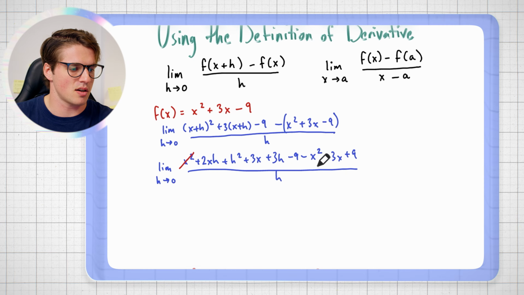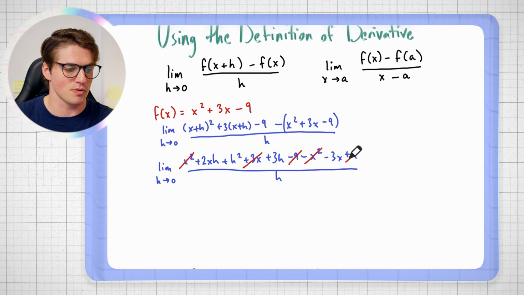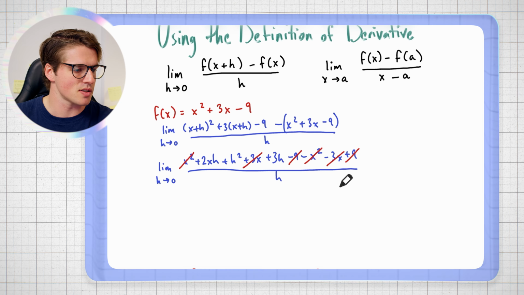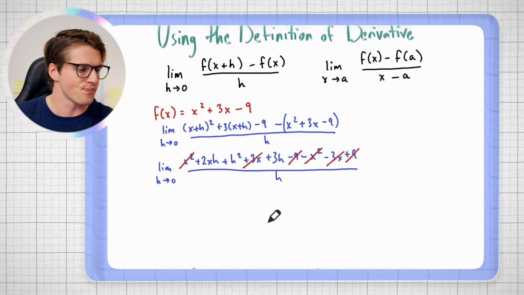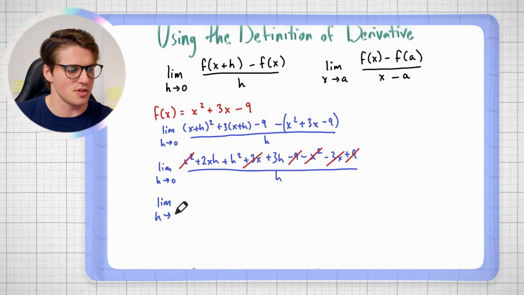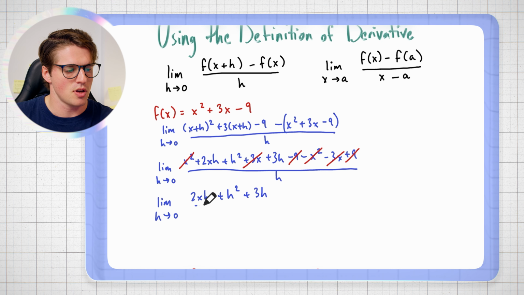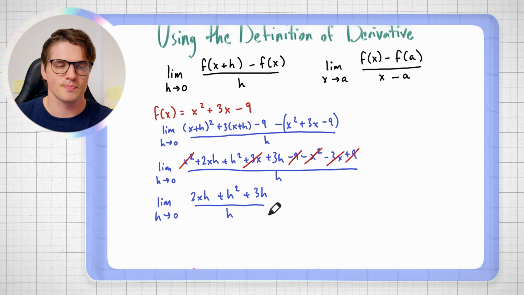We've got an x squared and a negative x squared, a negative 9 and a plus 9, and a plus 3x and a minus 3x. Everything else has h in it: 2xh, h squared, plus 3h. I'll go ahead and write that again: the limit as h goes to 0 of 2xh plus h squared plus 3h, all over h.